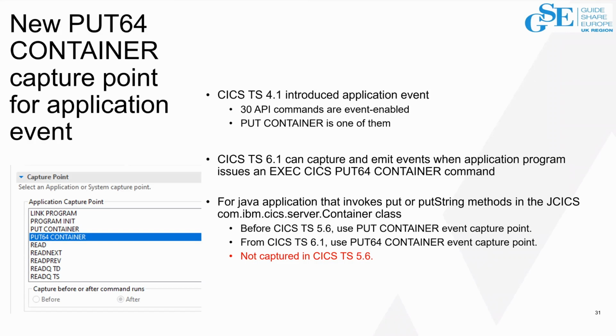So we've corrected that in 6.1. At the moment, we haven't back-migrated it to 5.6. It's a possibility that could be done if customers so wish, but as it stands, it's only in 6.1.